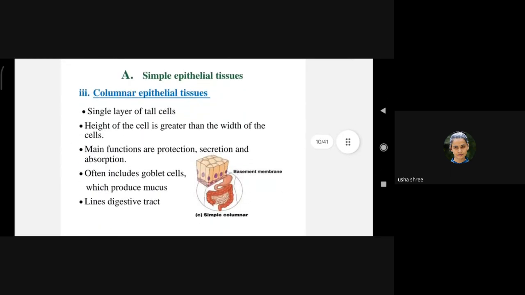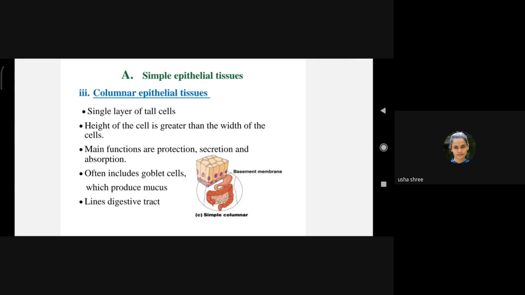Now the next one is columnar epithelial tissue. Columnar epithelial tissue is also single layered. As we know, simple means single layered, but the difference here is in terms of shape. The first one was flat, the second one was cuboidal, and the third one here is columnar. A single layer of tall cells, columnar in shape.